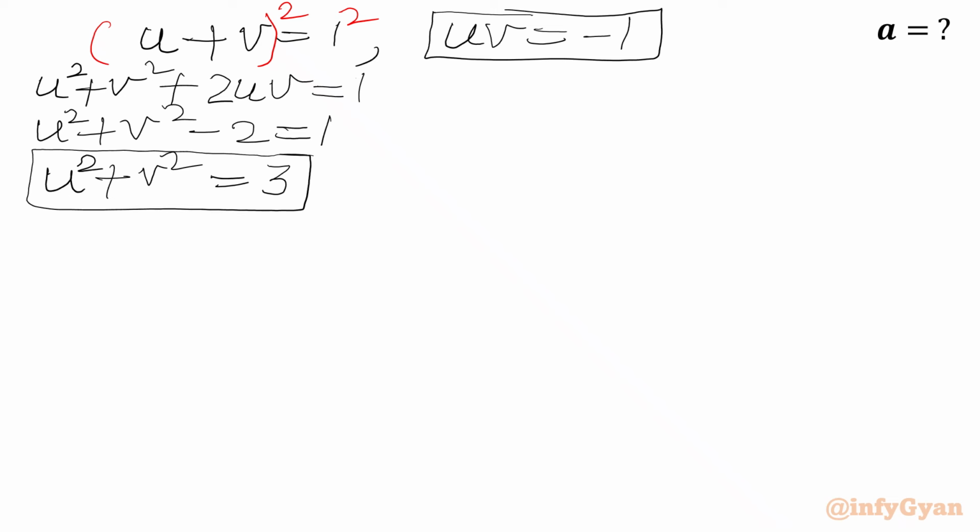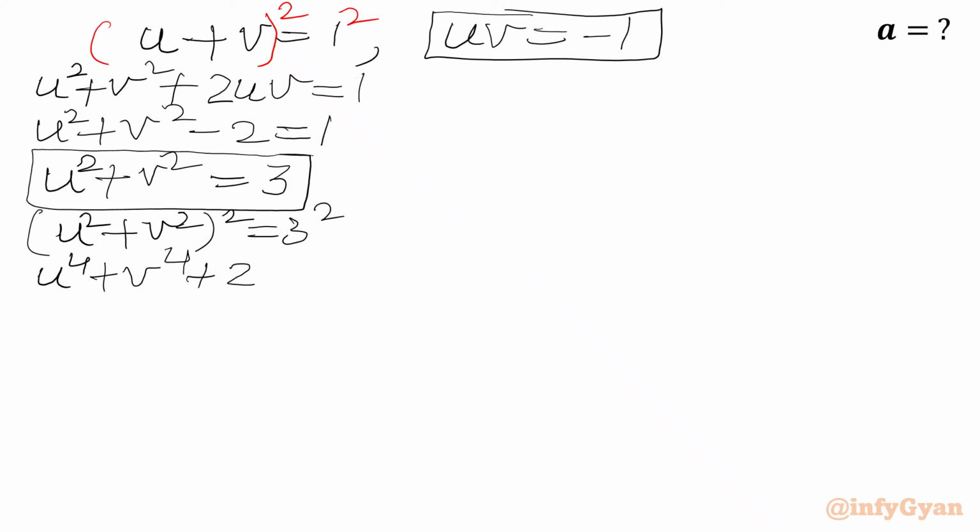Now we have to calculate u^4 + v^4 also. Again we will consider squaring both sides. So let me write (u^2 + v^2) whole square equal to 3 whole square. We'll apply (a + b) whole square again. We'll get u^4 + v^4 + 2u^2v^2, so we can write 2(uv) whole square, equal to 9.